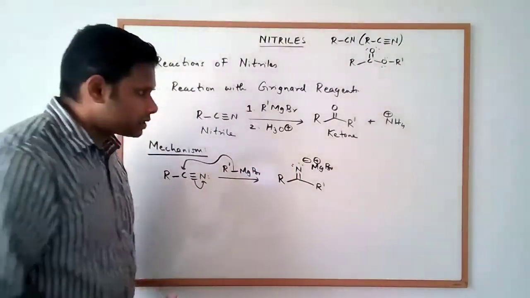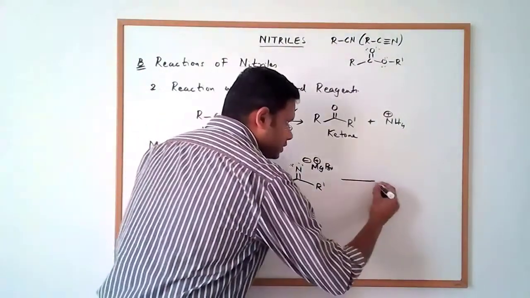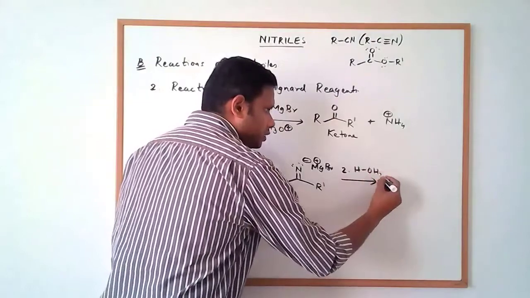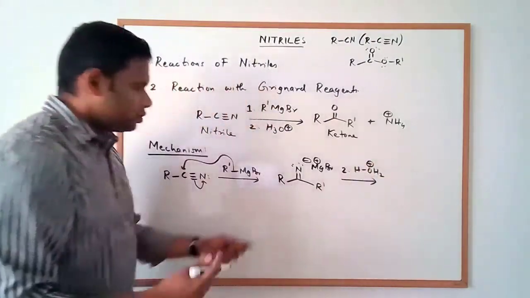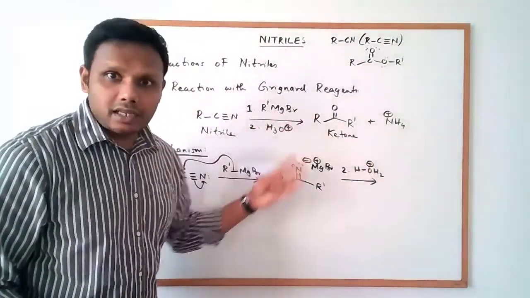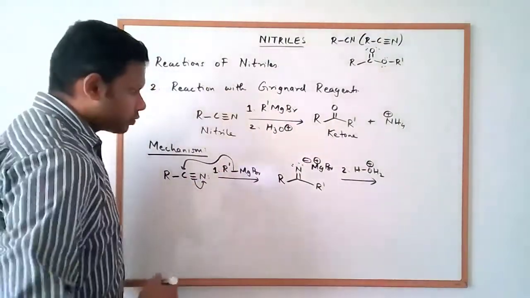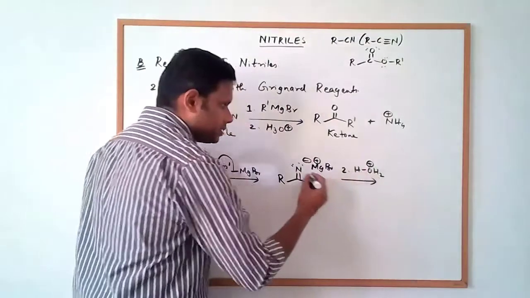So that process doesn't happen. And what happens is from here, you go into the second step, which is the hydration step. You're doing an acidic workup here. So this was the first step, which was the attack by the Grignard. The second step is the hydration.